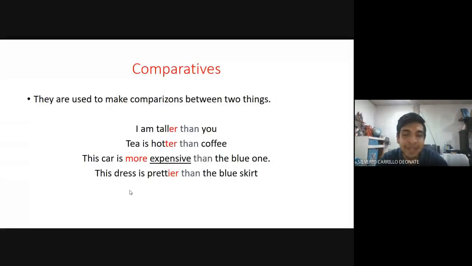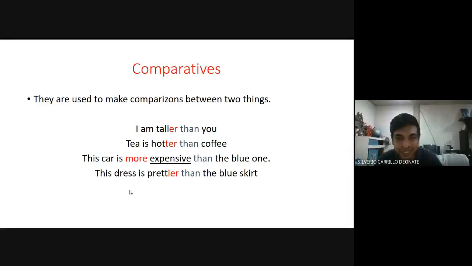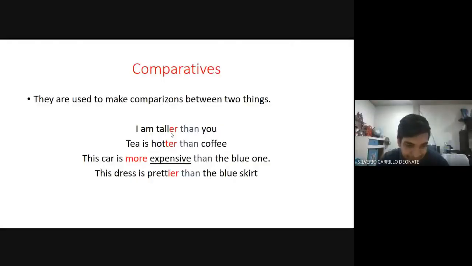Okay. So the first and most common rule is that we add the er ending, which is here in red, plus the word than. If we translate I am taller than you into Spanish, it says soy más alto que tú.